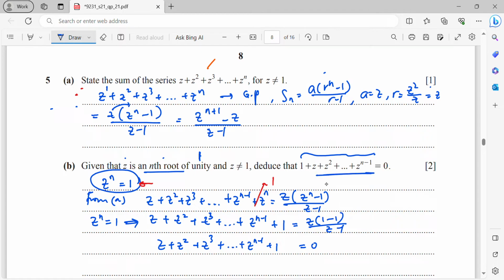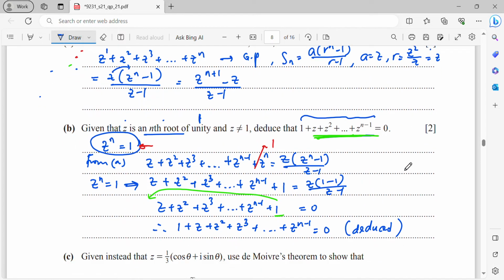So just move the last term to the front. Move it to the front, then you will be getting exactly the same terms. So 1 plus z plus z squared plus z cubed until z^(n-1) will be 0. Okay?